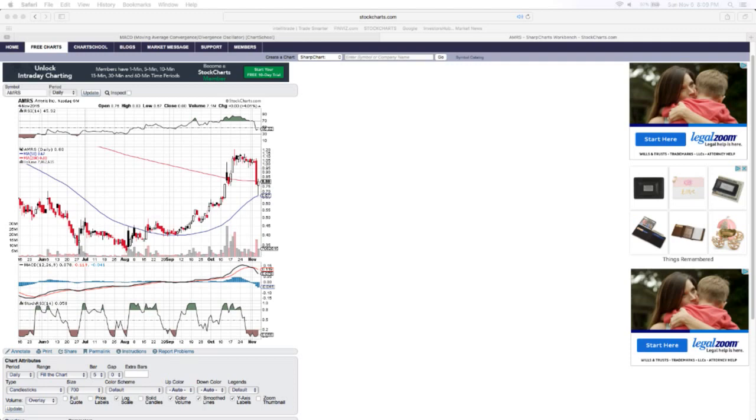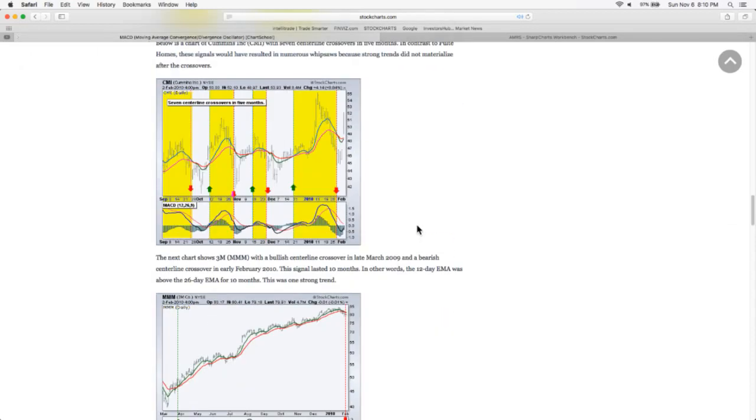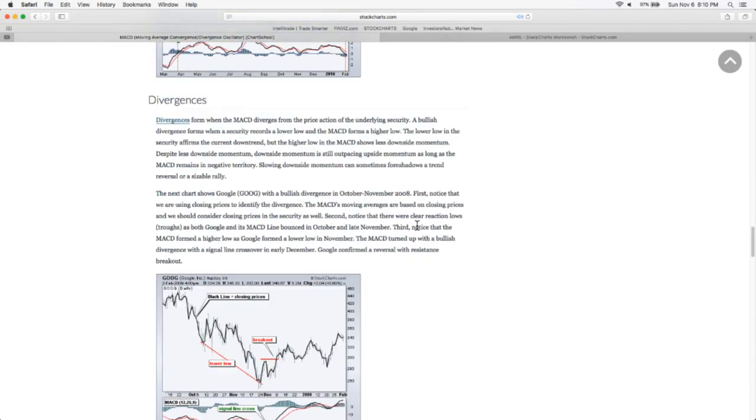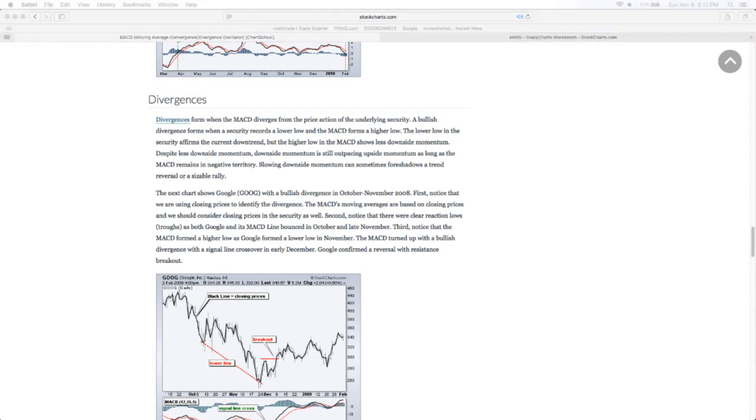The MACD histogram is also very similar to this and can be used in pretty much the same fashion. So really with the MACD you're just looking for crossovers, as you can see on the AMRS chart.